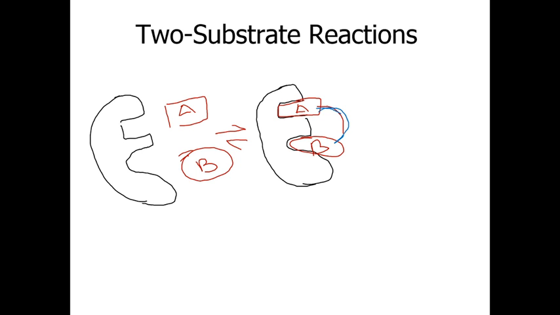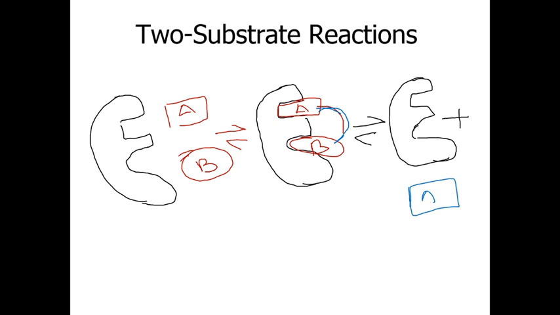And what you get is a product, AB. So if you look at this, there are two substrates, A and B, that are bound by the enzyme, and then it joins them together to form AB.